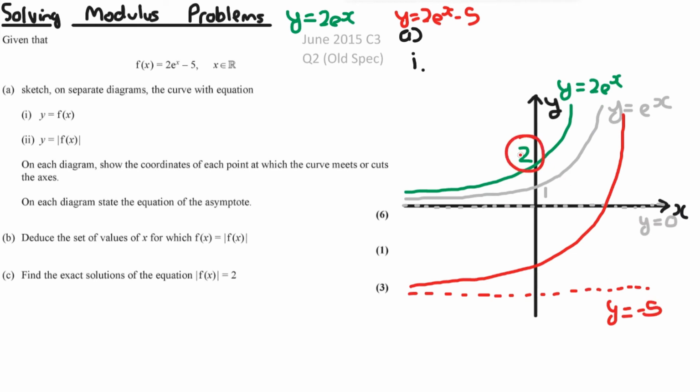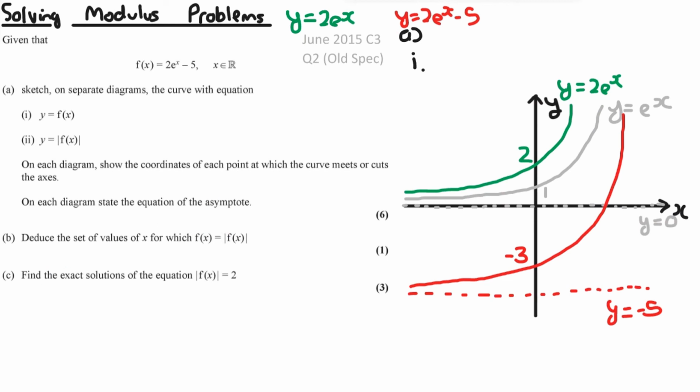The y-intercept was at 2, but it's gone down by 5, so the y-intercept is now minus 3. And it also crosses the x coordinate axis now, which is very easy to figure out, because this is going to be when y is equal to 0, so we just set this to 0.